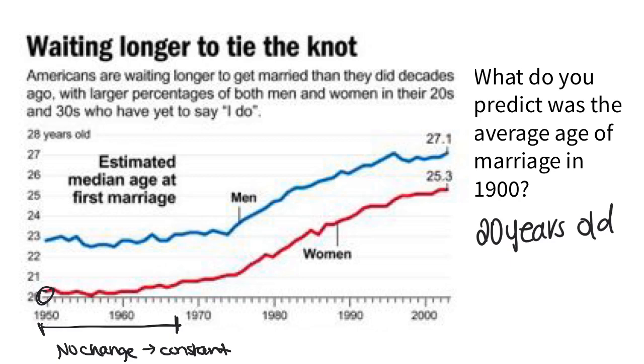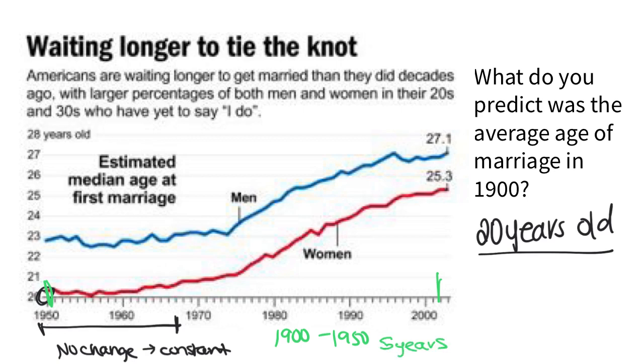So perhaps instead of saying 20 years, you looked at this data set in general and you noticed that from 1950 to 2000, there's been a huge increase in our age. So maybe you think that there's been a huge increase in age from 1900 to 1950. Right? And we can see that in 1950 to 2000, which is about 50 years, which is what we're being asked to predict in the past, the age increased about 5 years.